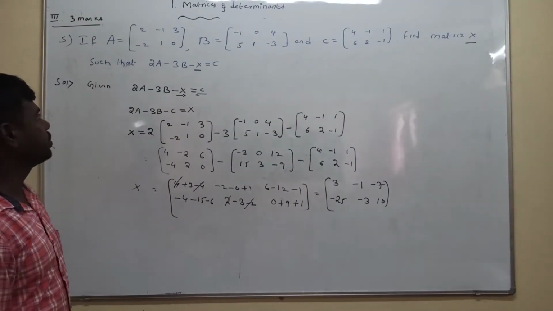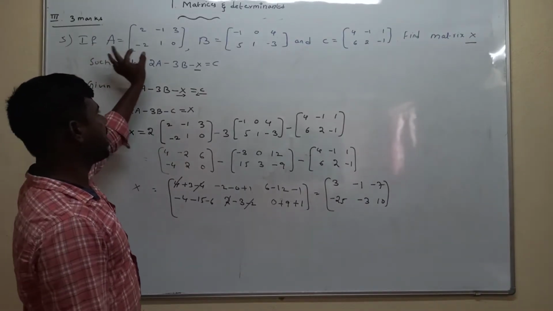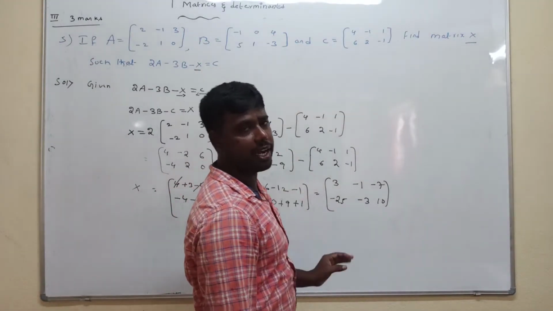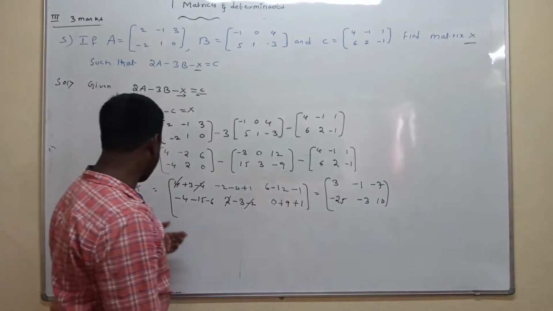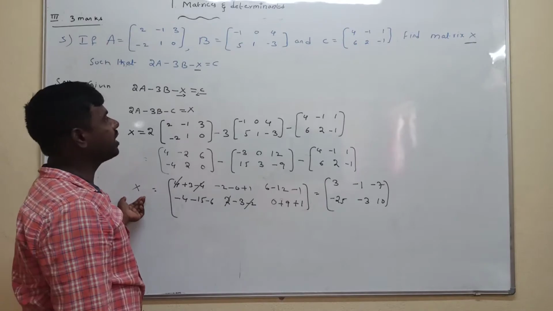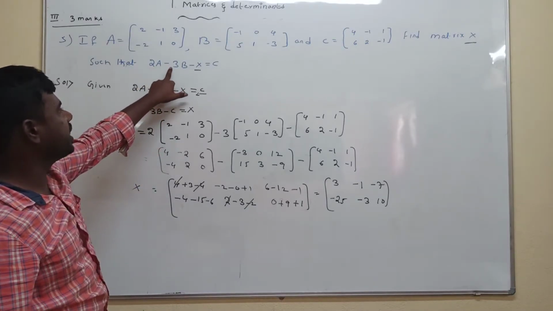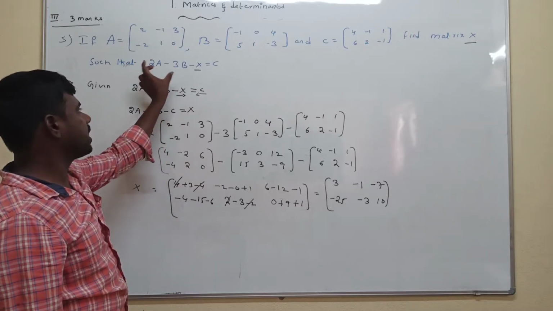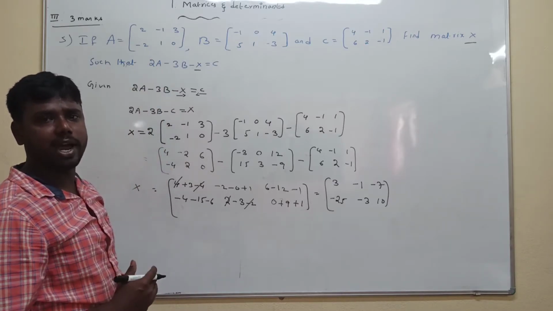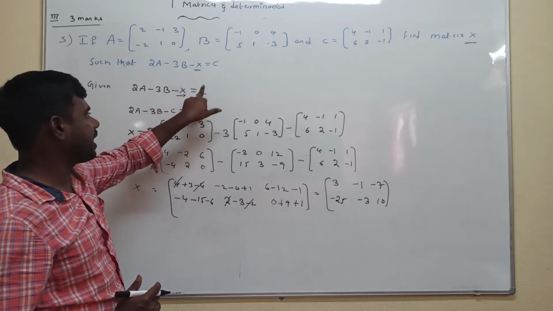Dear students, observe this question. In this question they gave the A matrix, B matrix and C matrix. Find X, that's why finally we are calculating the X matrix. The given condition is 2A minus 3B minus X is equal to C. In this condition we have to find the X matrix, so I take X to the right hand side.